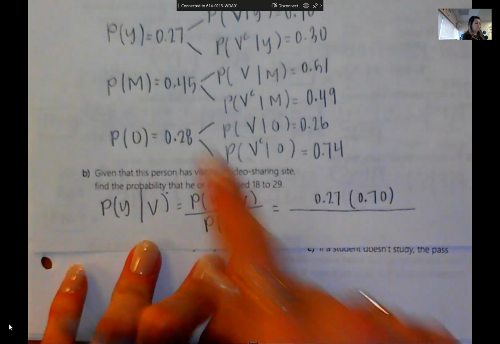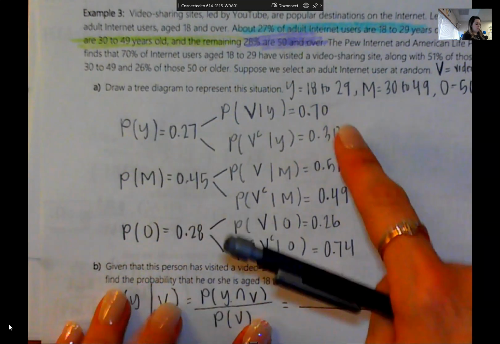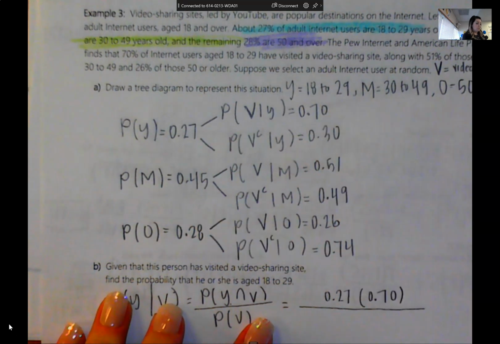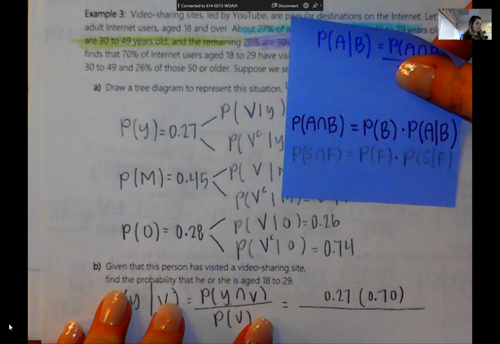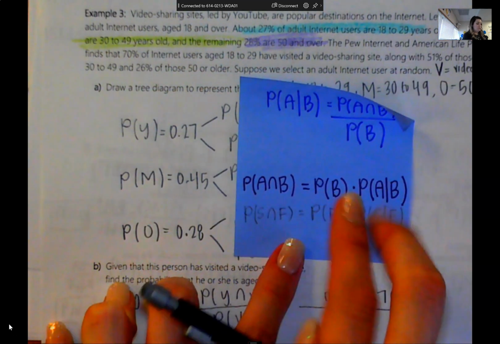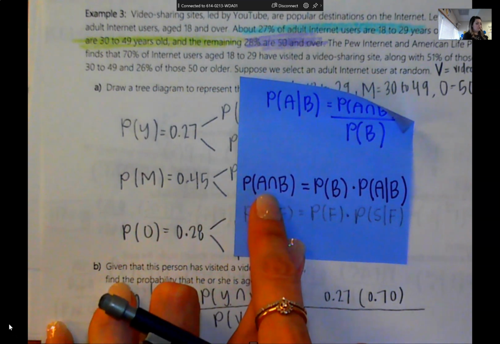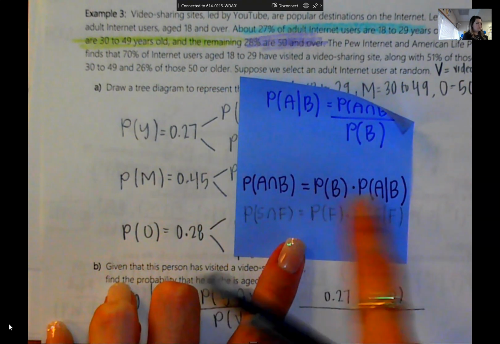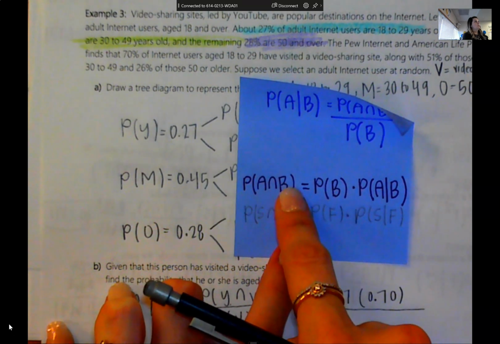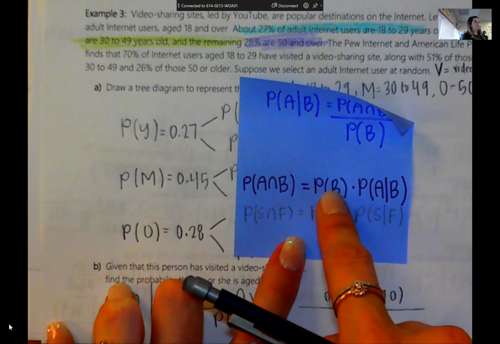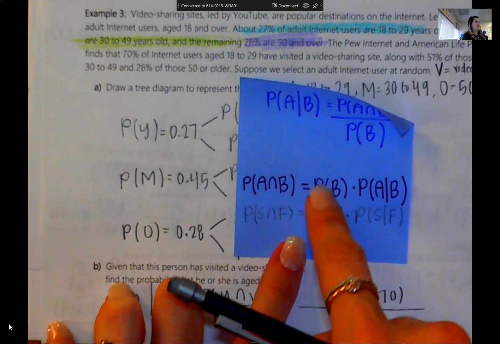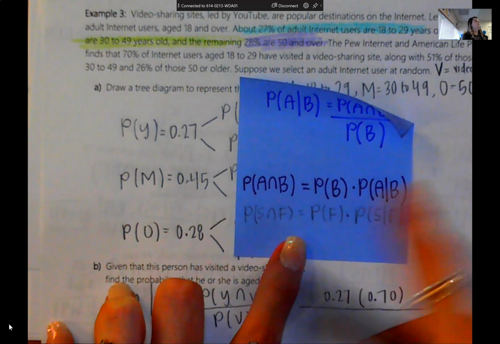Well, I'm plugging them in the order that they are. Oh, so it's this one you're having an issue with. Yeah, I get what you're saying, but these are interchangeable. So these can also be interchangeable. If it's B and A, this can still be probability of B times the probability of A given B, or probability of A times probability of B given A.